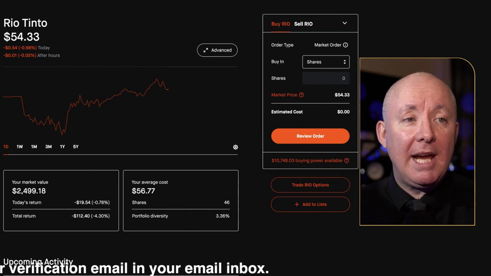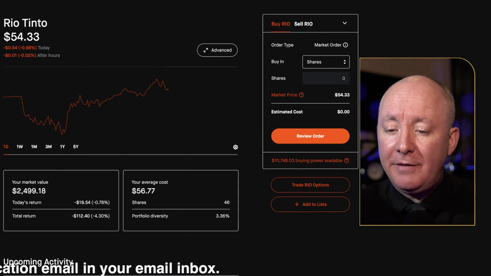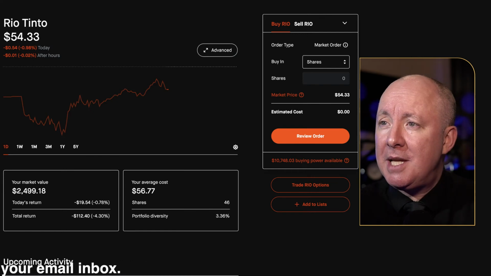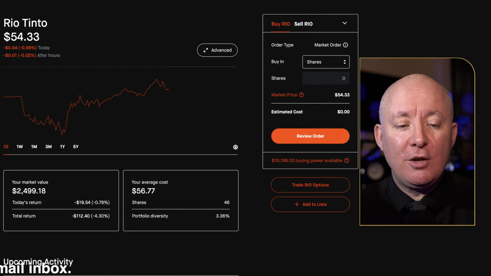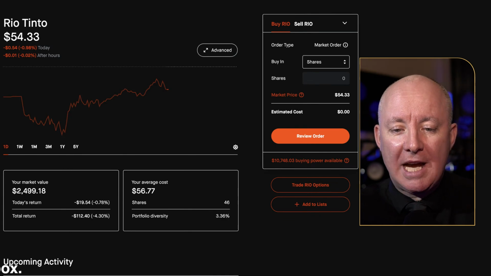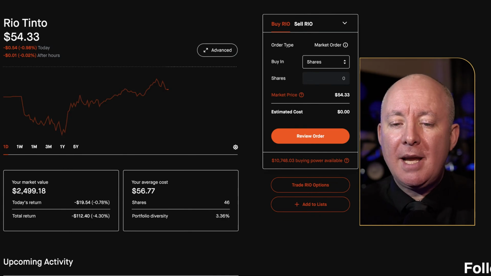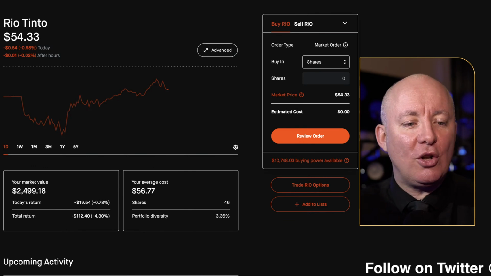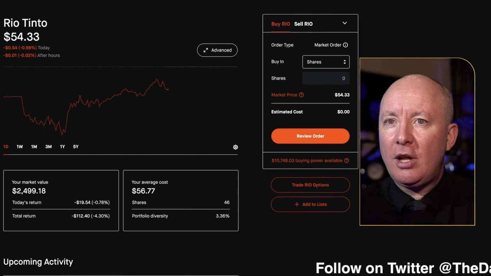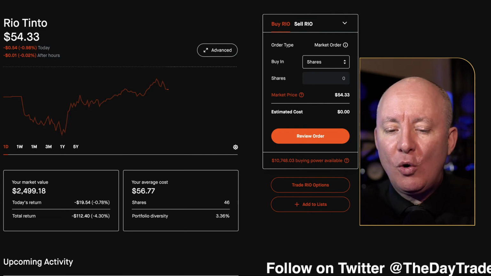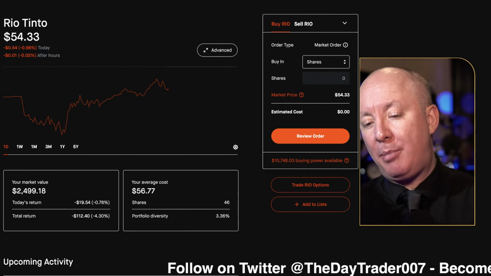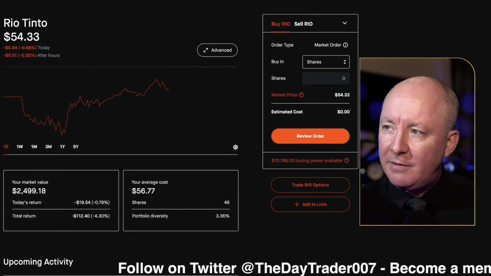Now that can be a fractional share. That's a part of a share or a whole share. Some shares are very expensive and some are very cheap. So you might go, well, I can't afford a whole share of Tesla. All right. But you can do what's called a fractional share and you can own $10 of it. That's called a fraction. So you'll own 0.001 of a share or whatever, or the whole thing. It doesn't matter whether you own a whole share or a piece of a share.